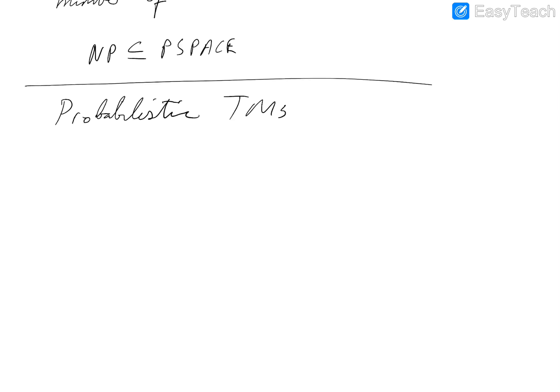Right, so in non-deterministic Turing machines, when we are in state Q and we read some symbol A, we might end up in several different states. So we might end up in state Q1, Q2, Q3, and so on, Qi.